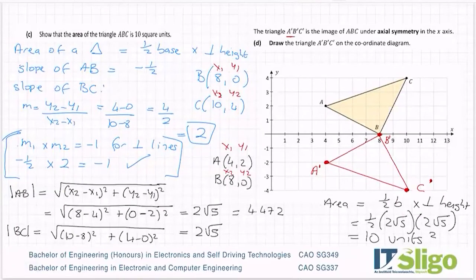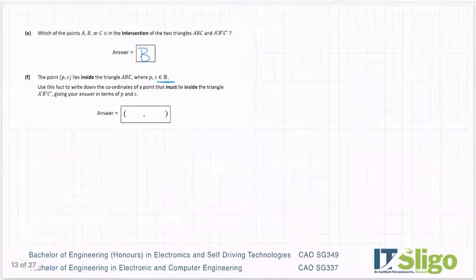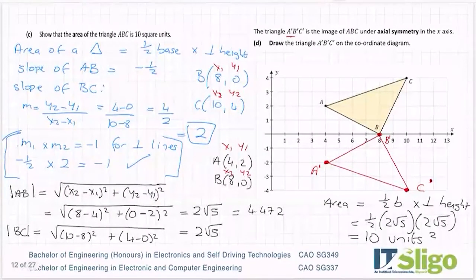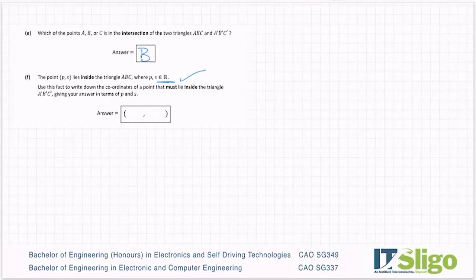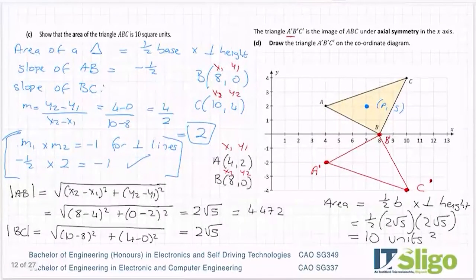Okay, p and s is a point that lies inside the triangle. I'm not rightly sure what they're asking here, but I'm going to pick this point here and pretend that's my p and s. That does lie inside the triangle ABC.